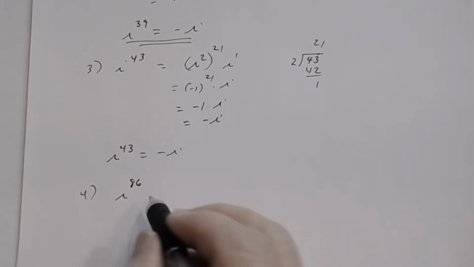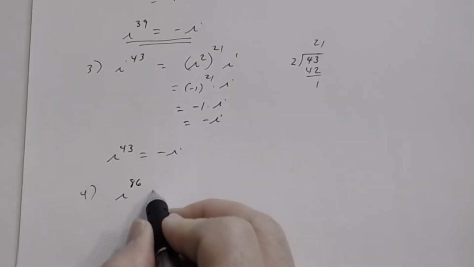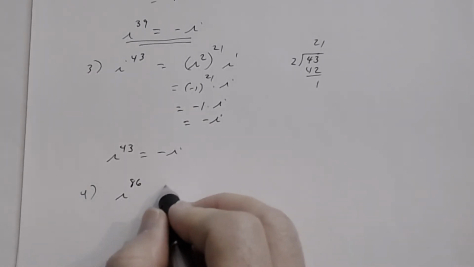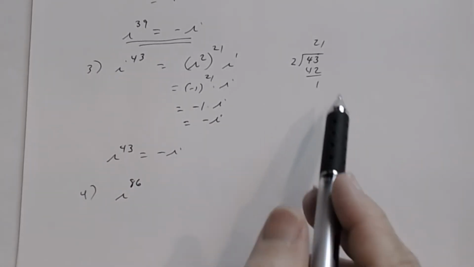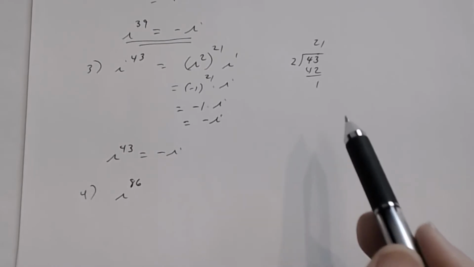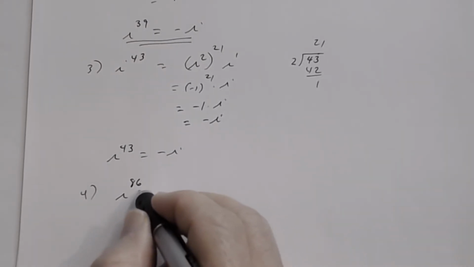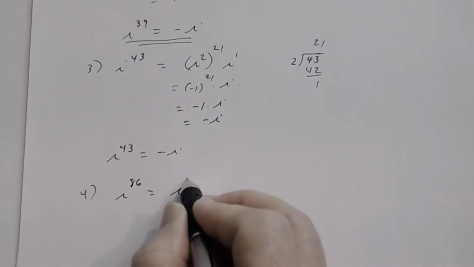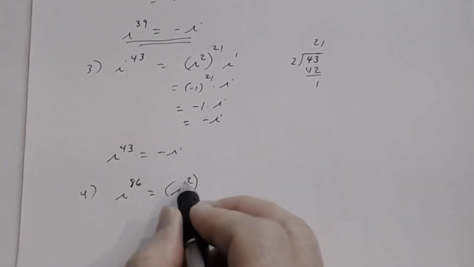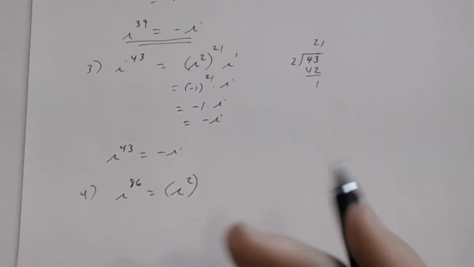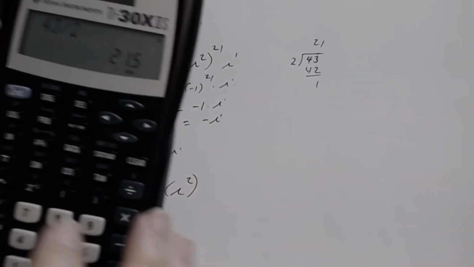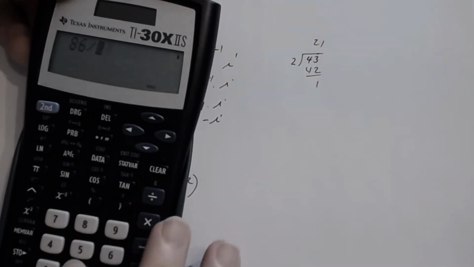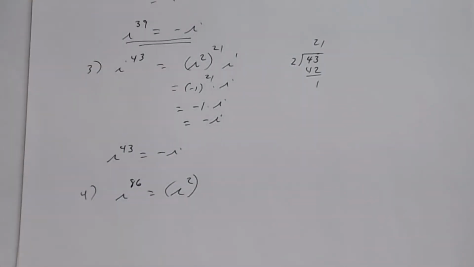Now i to the 86 is even, so that's going to be easy to deal with. I'm not going to have a remainder because 2 goes into this evenly. So I'm going to have i squared, and then 2 times what is 86. If you can't do this in your head real quick, you have access to a calculator. 86 divided by 2 gives you 43.